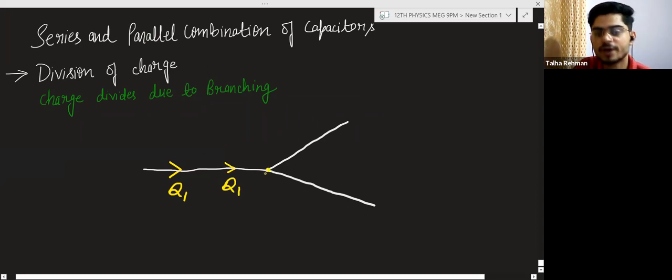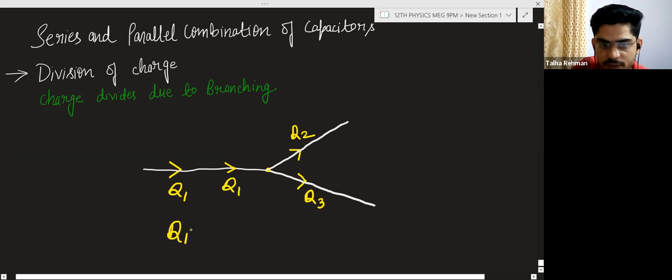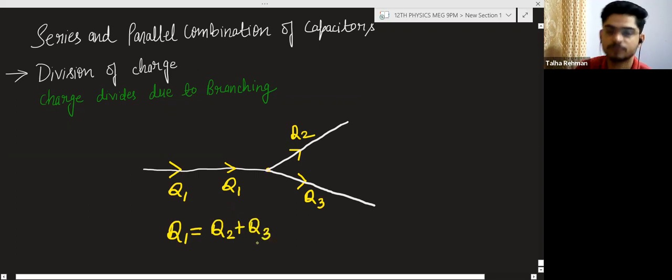From this junction point, this Q1 charge will be divided along this and along this. Suppose this is Q2 and this is Q3, and you should remember that Q1 is equal to Q2 plus Q3. This is the branching.